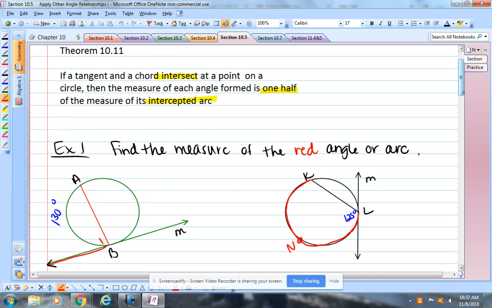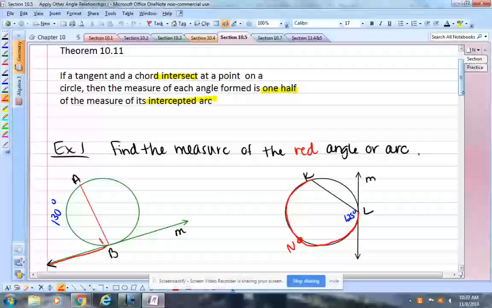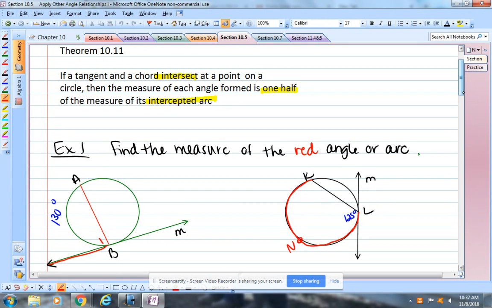So this is basically the same kind of theorem we talked about with inscribed angles, but this is dealing with tangent lines. Now what does it mean for a line to be tangent to a circle? It means that one point touches the circle. I touch the circle in only one place. I don't go through the circle.